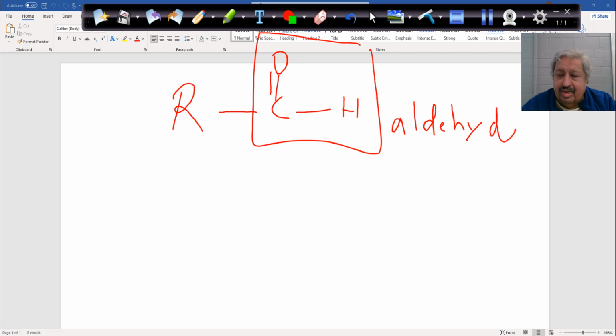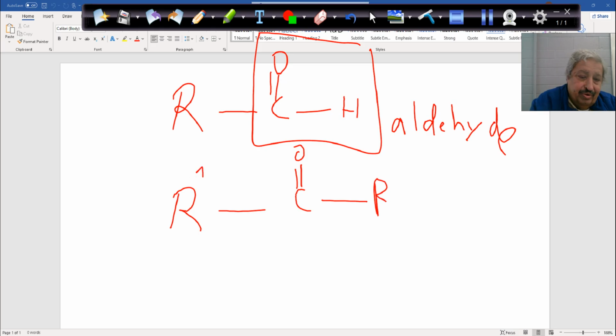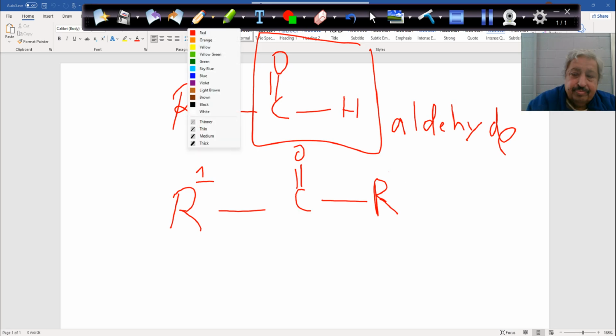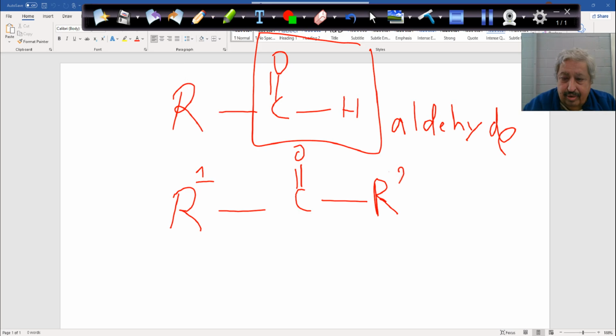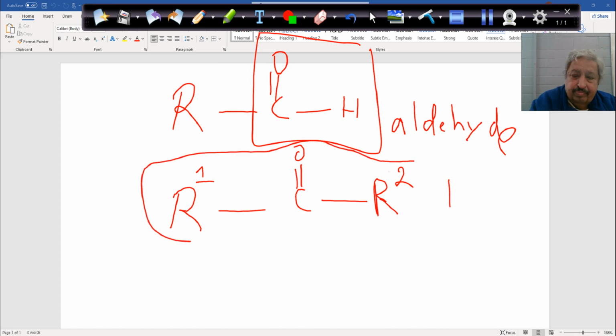And this group here, R, C, O, and then R prime, or R1 here, R2 here, this is a ketone. This is a ketone.